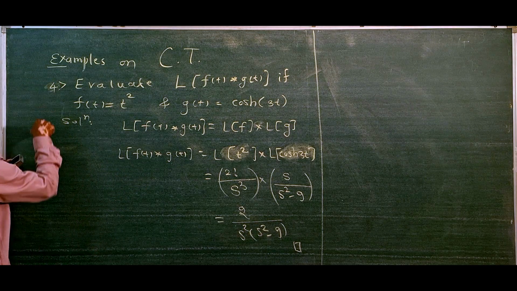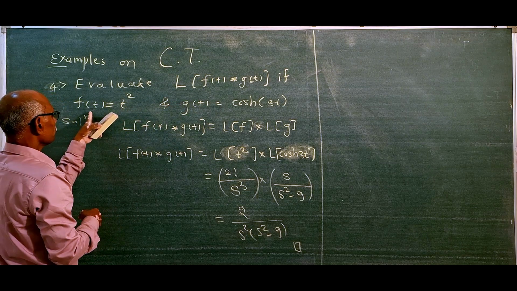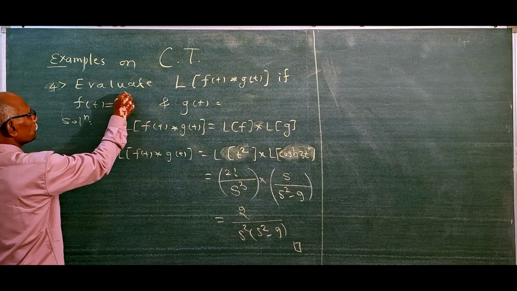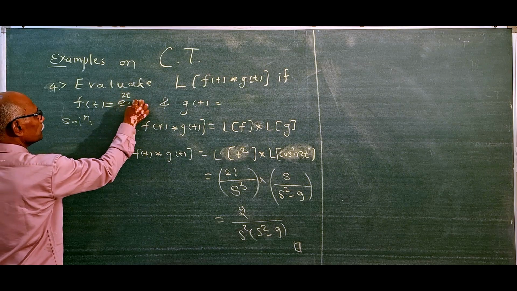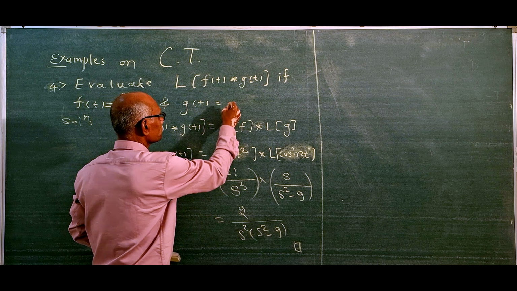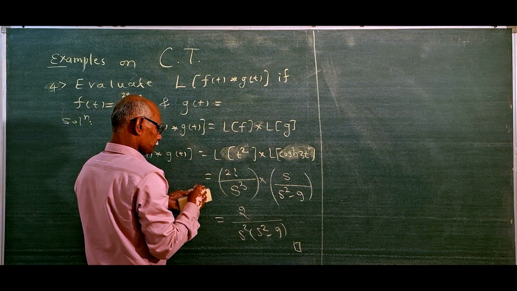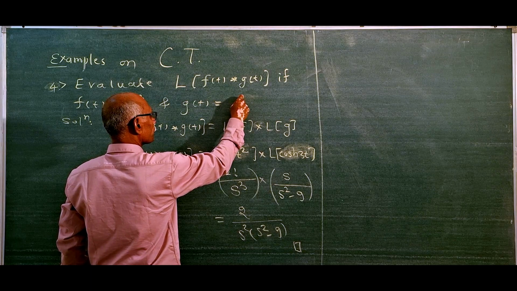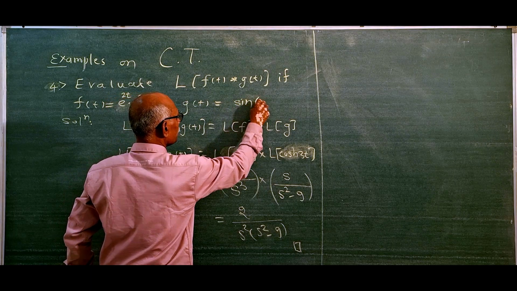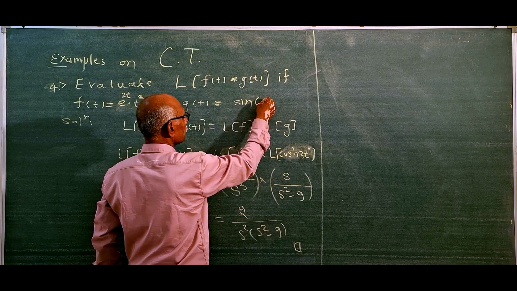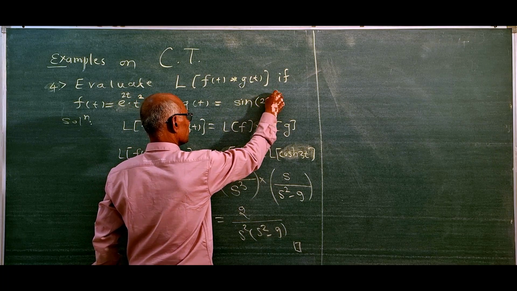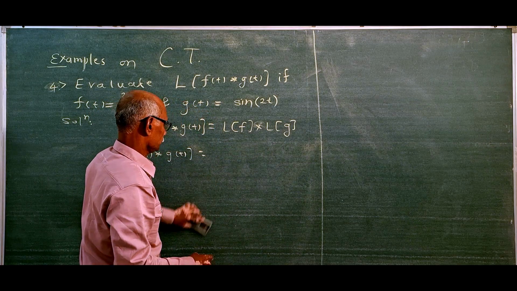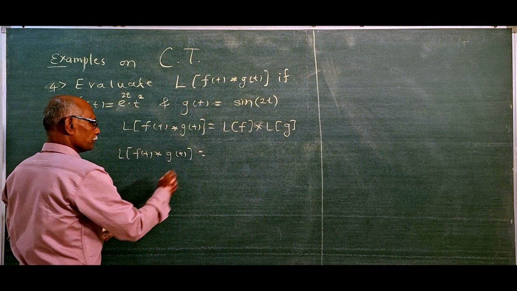And the last example, suppose you are asked to find this, and the function is f of t equal to e raised to 2t into t square, and g of t is equal to, say, t times sin 2t.